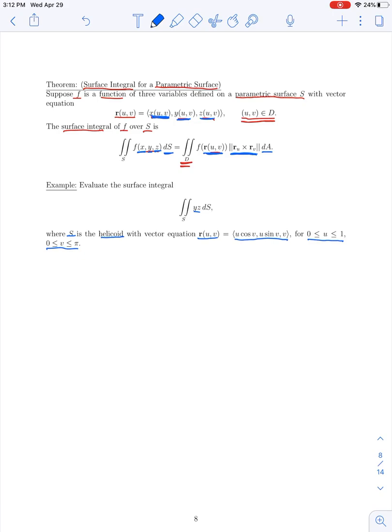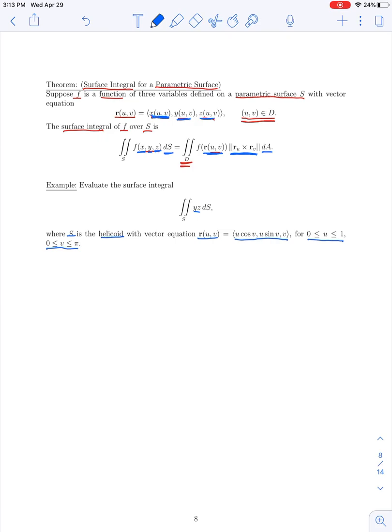Recall a helicoid is like a spiral ramp shape. It's like a bunch of helixes of different radius inscribed within each other. So we get sort of a spiral ramp or a screw shape, and we are asked to evaluate the surface integral over such a surface.